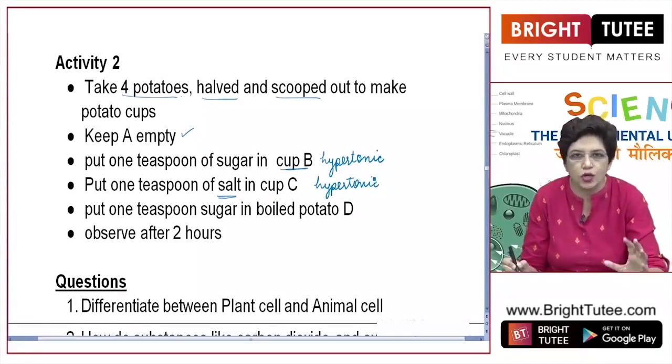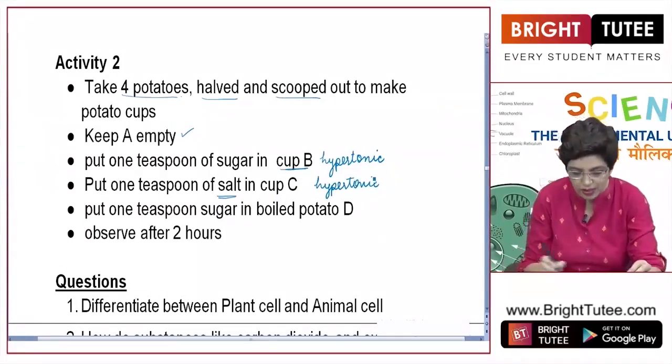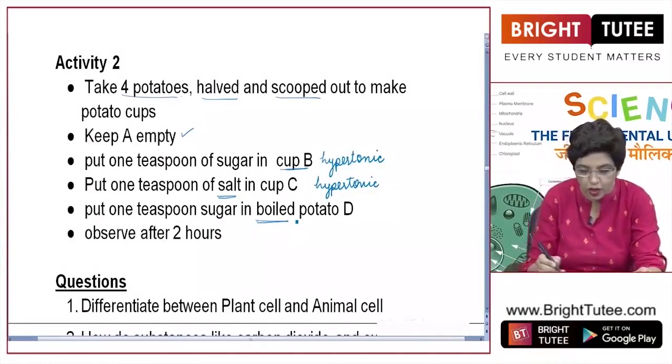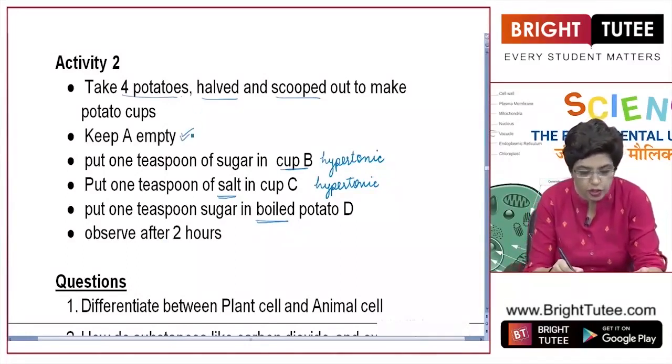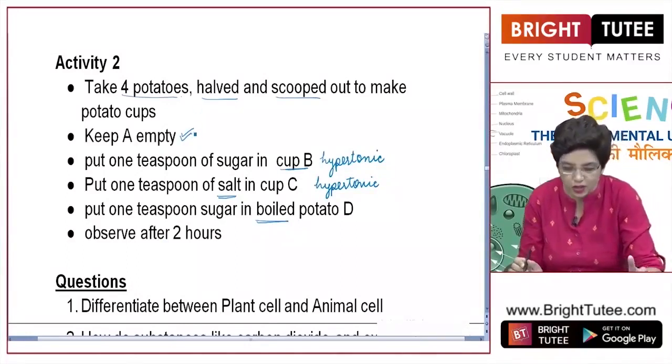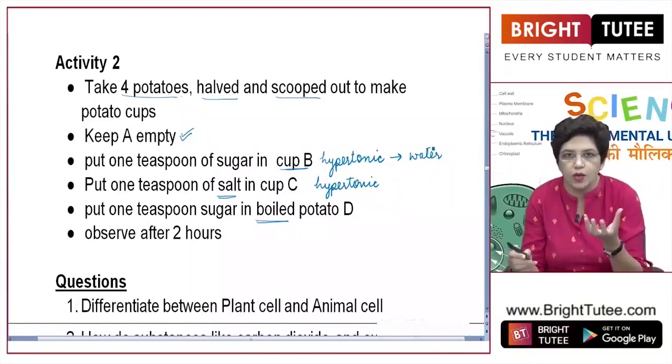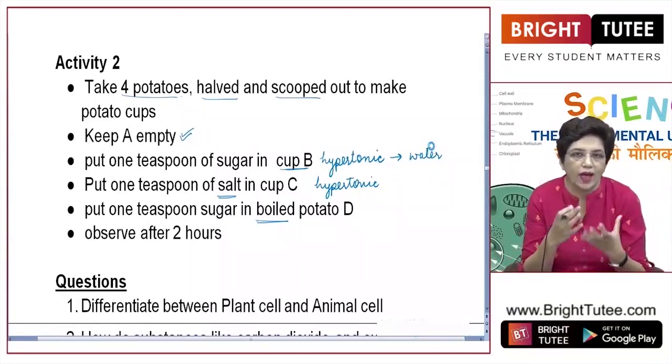Either you put sugar or salt, in both cases the concentration of water will be less outside. And in D, you take a boiled potato and put sugar or salt in it. So what will you observe after 2 hours? Obviously, there won't be any change in cup A because we did not keep anything. In cup B, we'll observe that the scoop is filled up with water. Why?